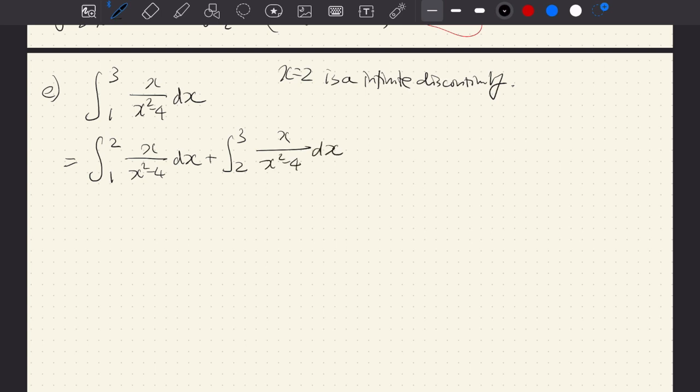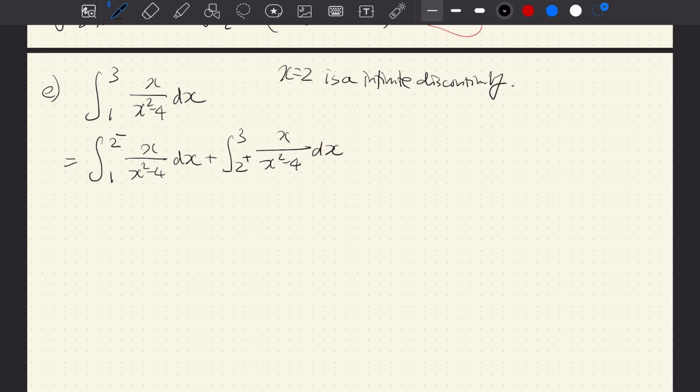To remind us that these two integrals are still improper integrals, where 2 is the infinite discontinuity, we can write 2 negative here and 2 positive here. So later we can pick the right limit, like left limit or right limit. Now we can proceed on to find the antiderivatives.